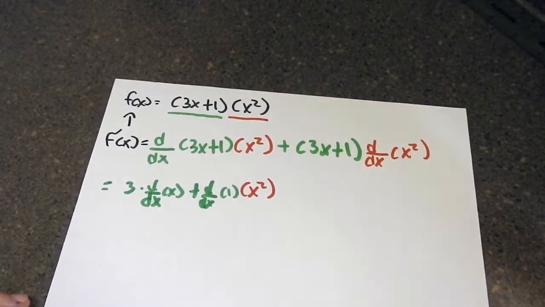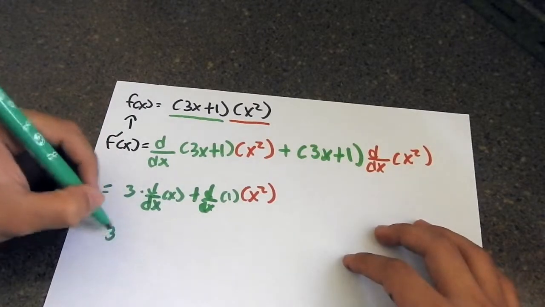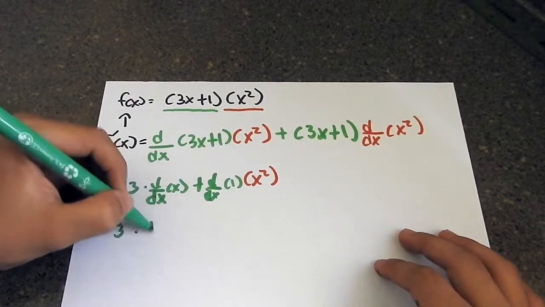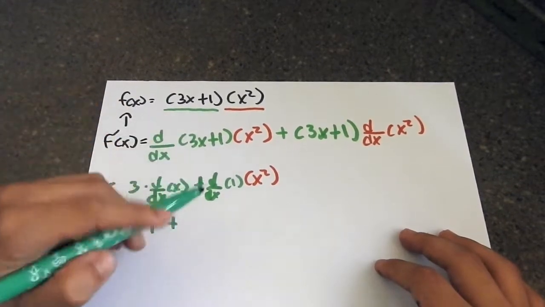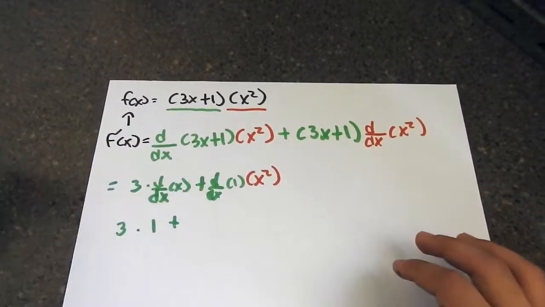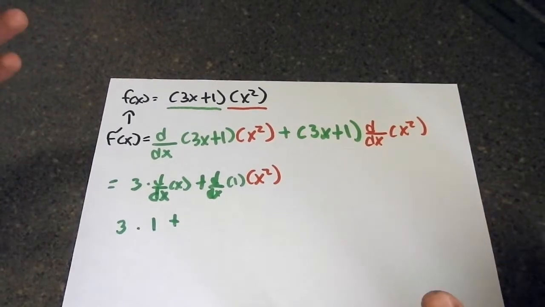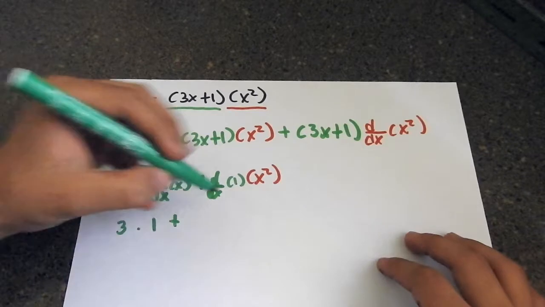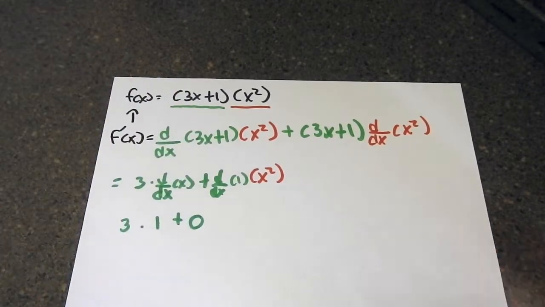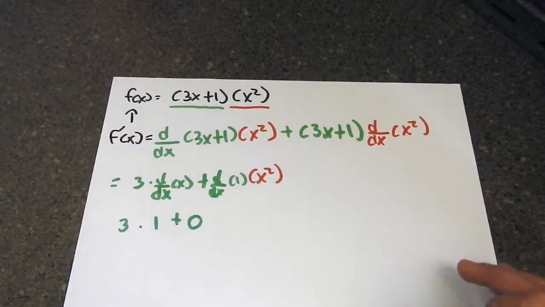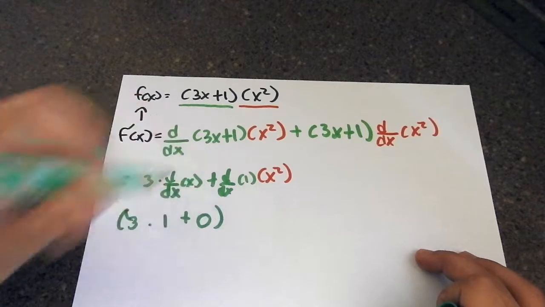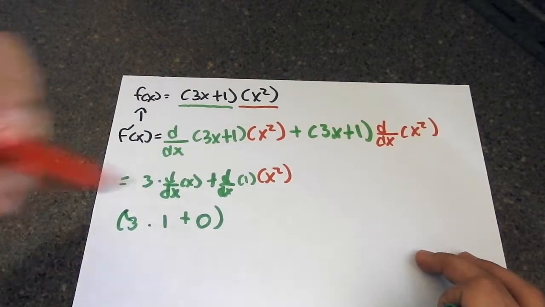And now we have 3 times the derivative of x. We know that the derivative of x is just 1, plus the derivative of 1. 1 is just a number, a constant that does not change. So we know that the derivative of a constant is always 0. So we have 3 times 1 plus 0 times x squared.